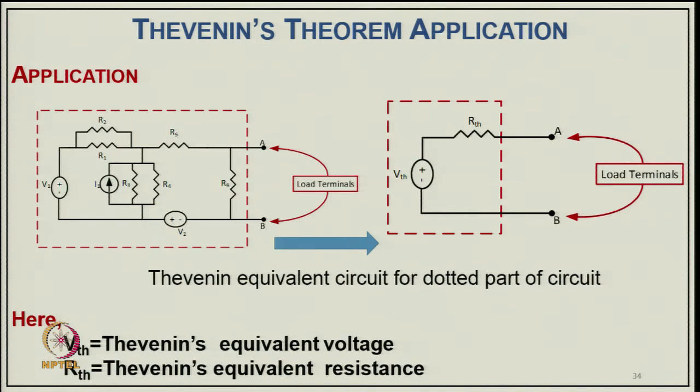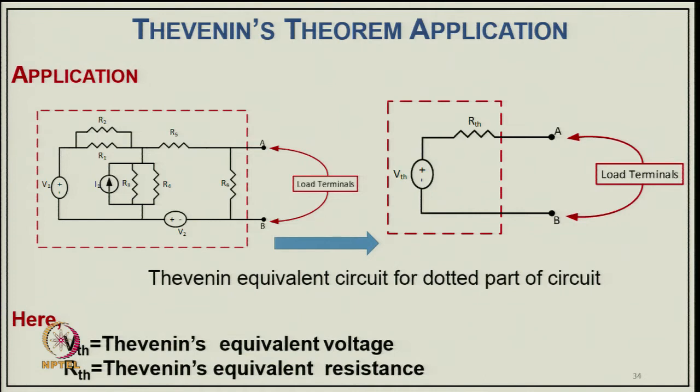Here, for applying it, you have a circuit which has a voltage source and a current source, and several resistances internally, and then you connect the load across the terminals A B. Now, this can be represented as equivalent to a Thevenin circuit, with an equivalent voltage which we call VTH with its polarity, and a series resistance RTH across the AB terminals. Then you can put in different loads. The entire network, shown very complicated in the dotted line, can be represented as just a voltage source with a series resistance.